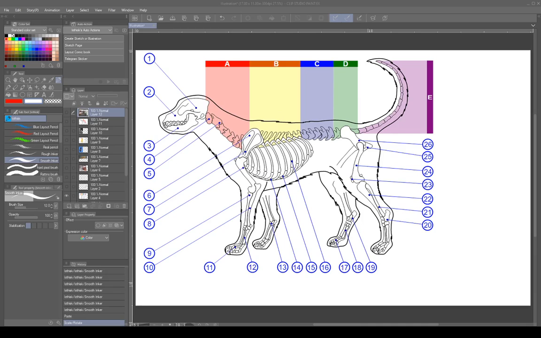Yeah, you have to consider that this is one of those areas where you have to fuse your imagination with your anatomical knowledge and just play with that form.